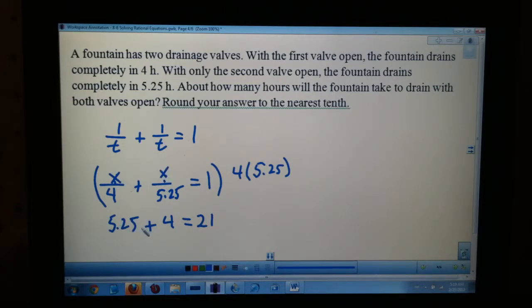And then now we have 9.25 x equals 21, and divide by 9.25, and together you'll take 2.27 to the nearest tenth. We'll call that 2.3 hours.